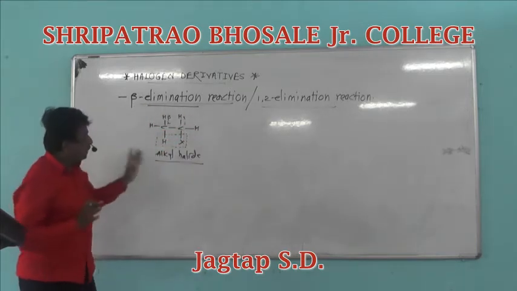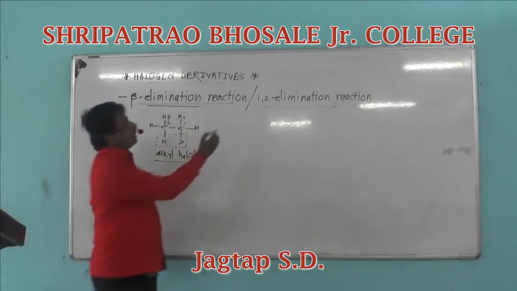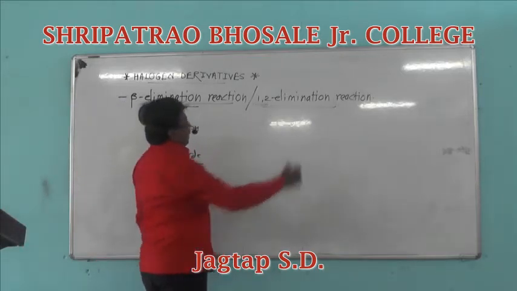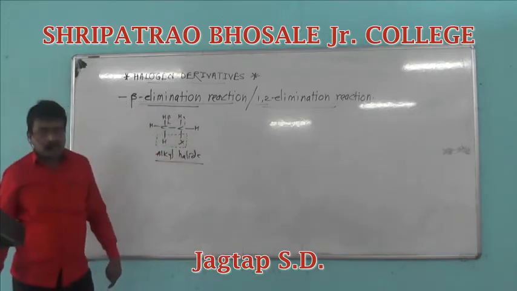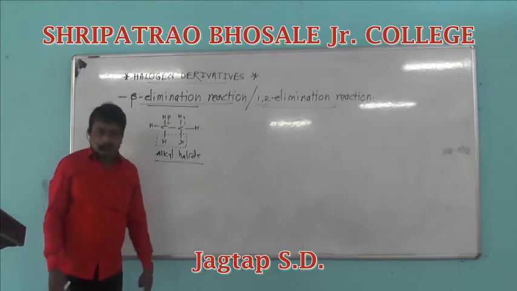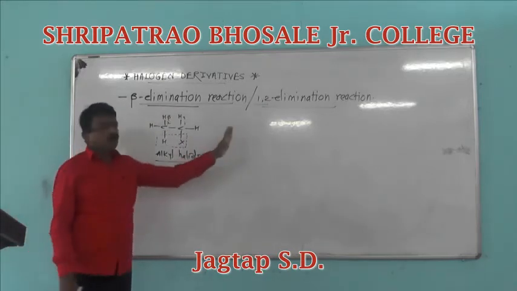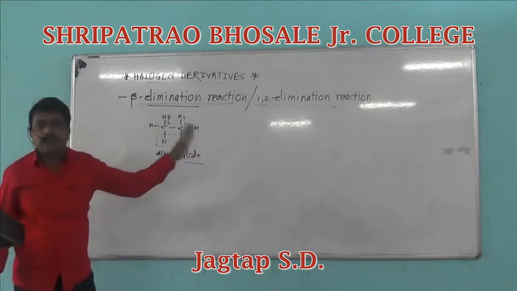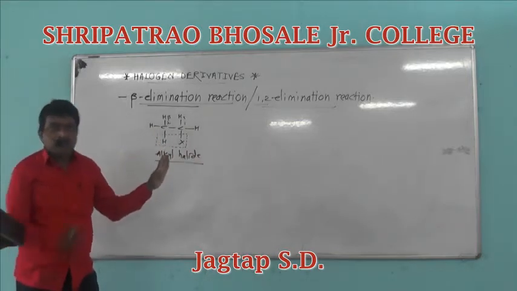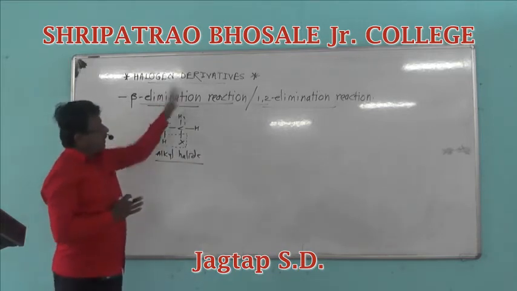Removal of hydrogen halide takes place from C1 and C2, so it is also called 1,2 elimination reaction. So, an alkyl halide undergoes beta elimination reaction, that is, the removal of hydrogen halide from adjacent carbon to give the corresponding unsaturated compound, the corresponding alkene.